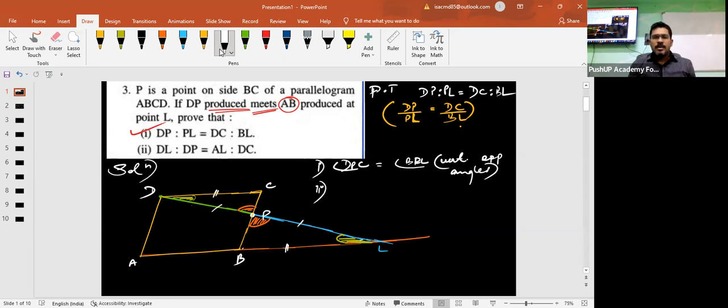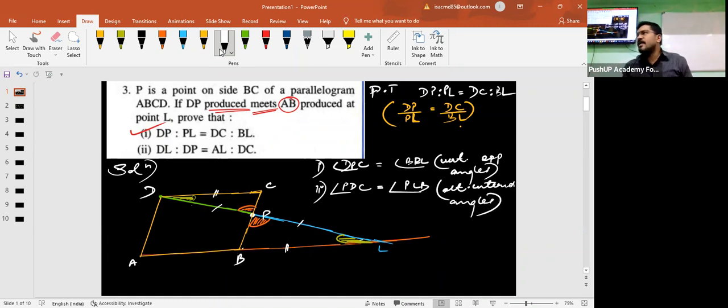Point number 2. We can say angle PDC is equal to what? Angle PLB. Why so? Because they are alternate interior angles. Two of the angles are equal.